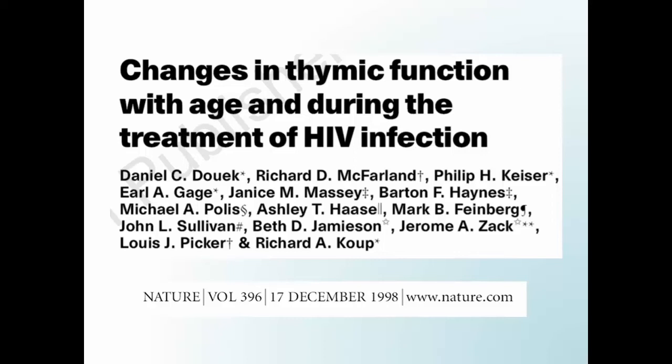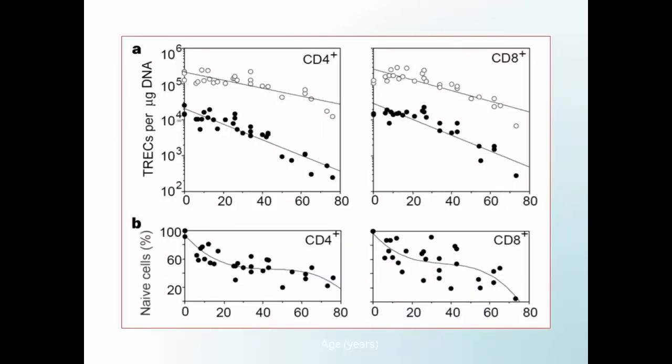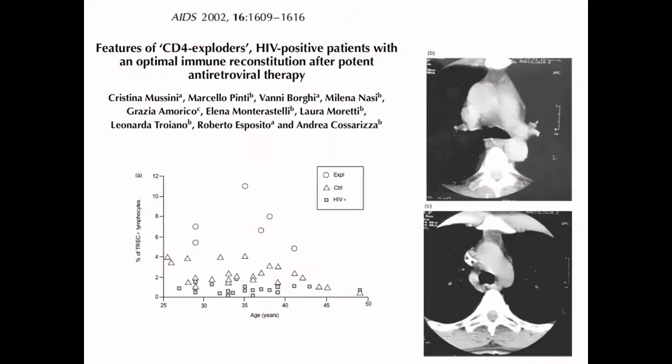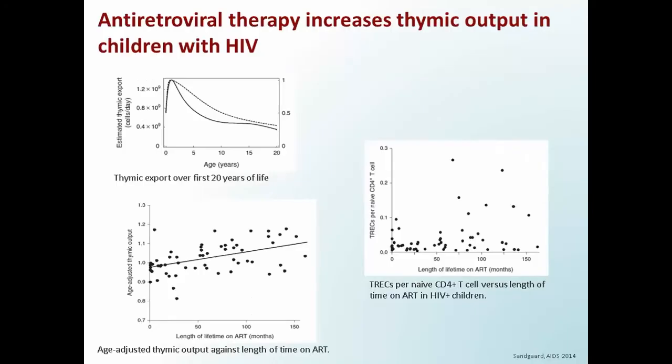And many studies have been performed showing that the changes in the functionality of the thymus are linked not only to the age of the patients, as it happens, but also to the state of HIV infection, and that the number of TREC cells decreases significantly with the infection. Some years ago, we showed that patients who have a very high immune reconstitution were also able not only to maintain the integrity of the thymus, but also to have a high amount of cells which express TRECs in the blood.